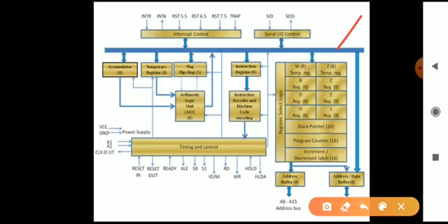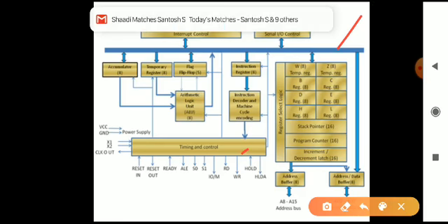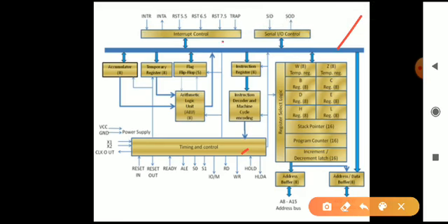Then you can observe that each and every block is connected to the timing and control unit. This connector is supposed to be connected here also and here also, in the serial IO control group.